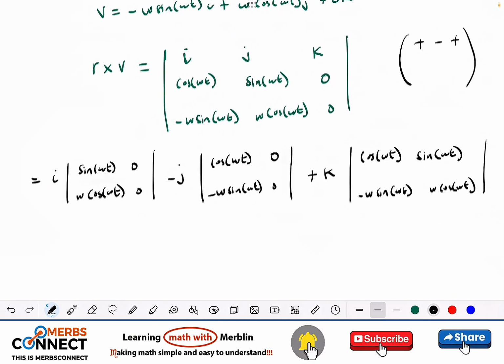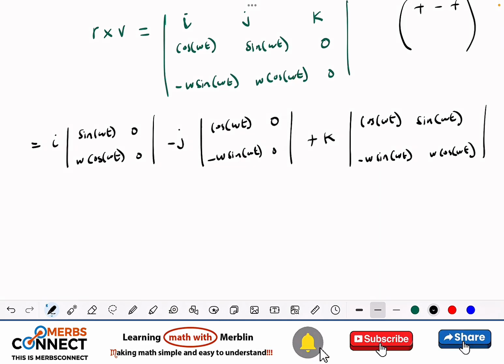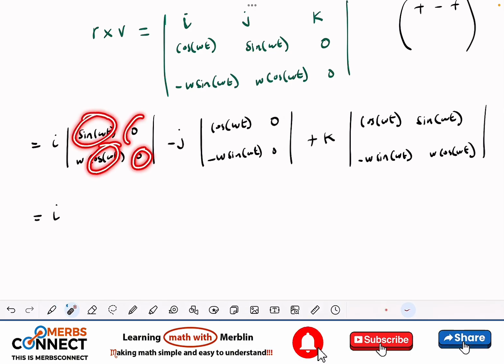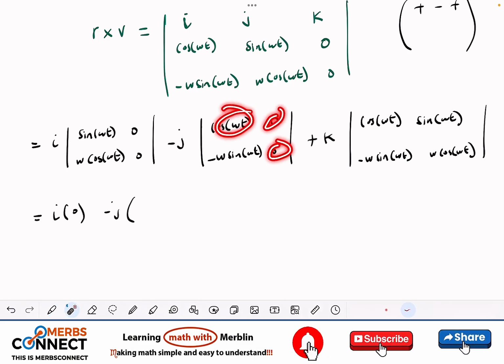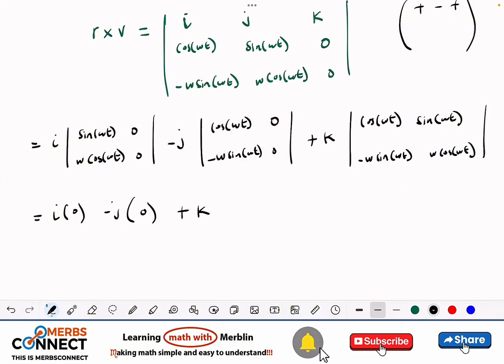So as I said, when we do it this way, the i direction will go to 0, because this is 0 and this is 0. So it's going to be like this is 0 minus j. This is 0, this is also 0. So minus 0. So it's going to be left with only the k direction.